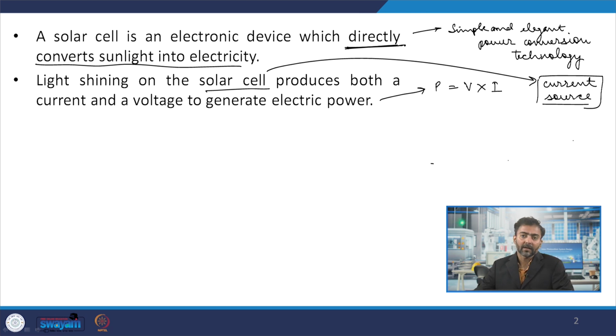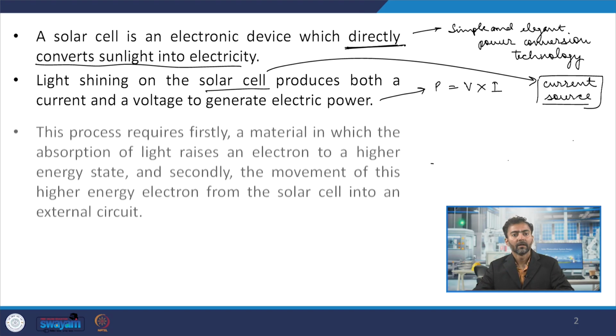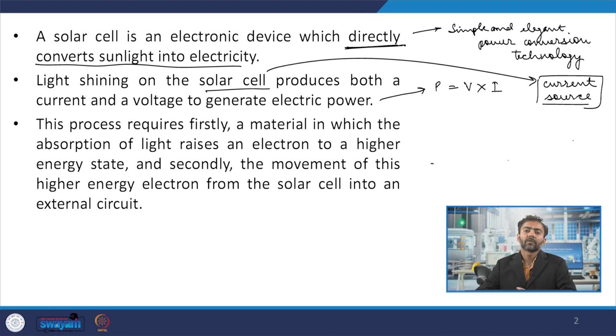So it's basically a current source, and as you understand, a current source also has some finite amount of voltage across it. There is a current which is coming out, and there is a voltage across the terminals of the current source, and the power being produced is nothing but the product of that voltage and current.